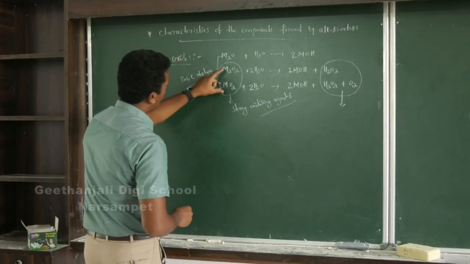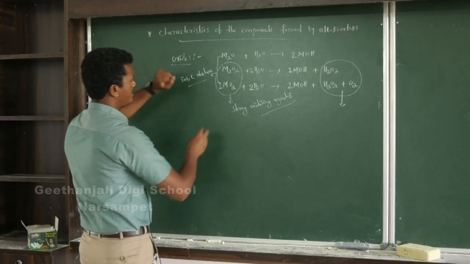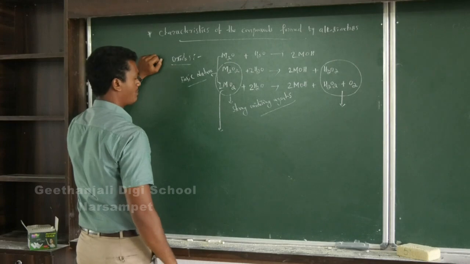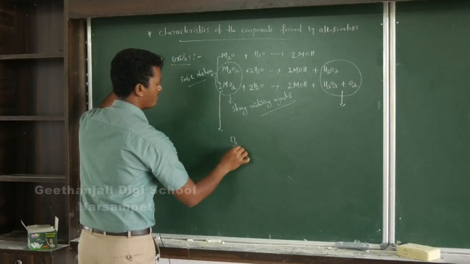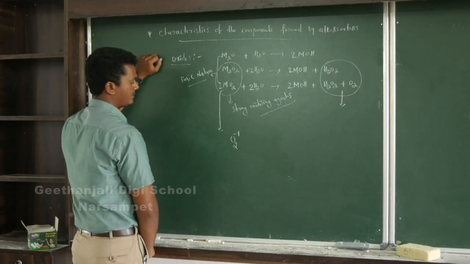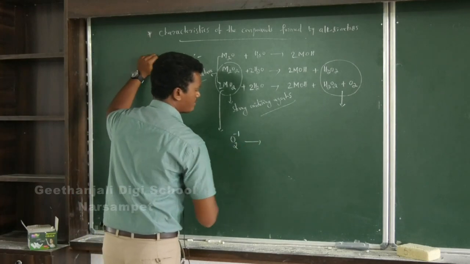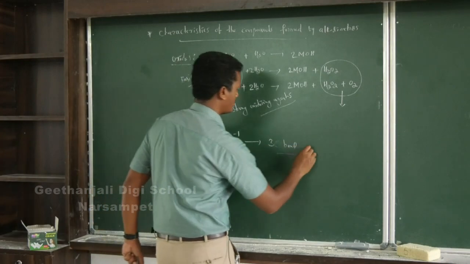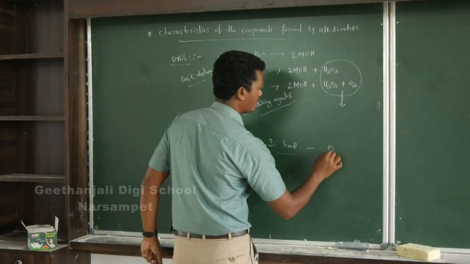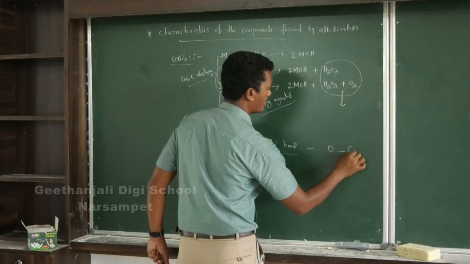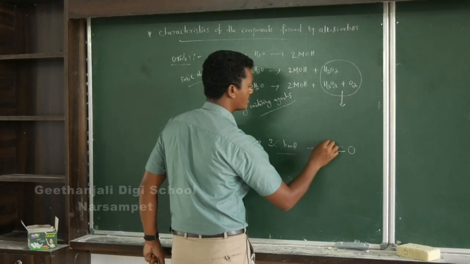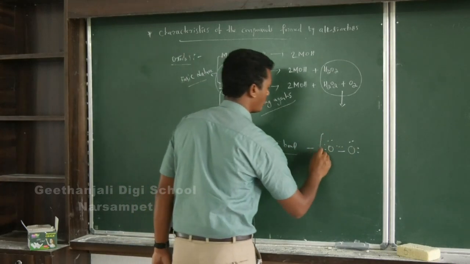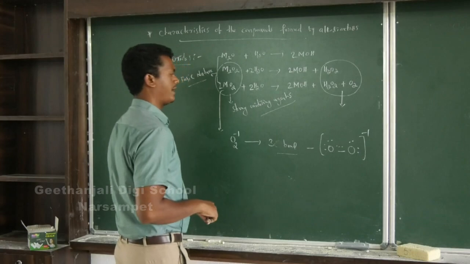Another important property of these oxides is, especially for superoxides, the superoxide ion formula is O2 minus 1. This O2 minus 1 is with a 3 electron bond. What is the structure of this superoxide ion? O bond O having 3 electrons, and 2 lone pairs of electrons are present on each oxygen, with a charge of minus 1.